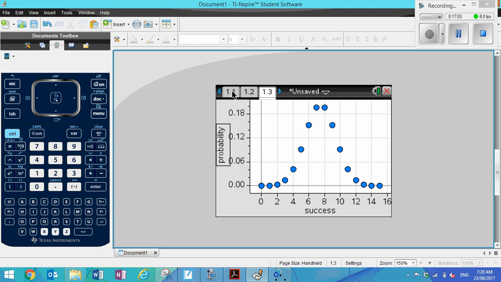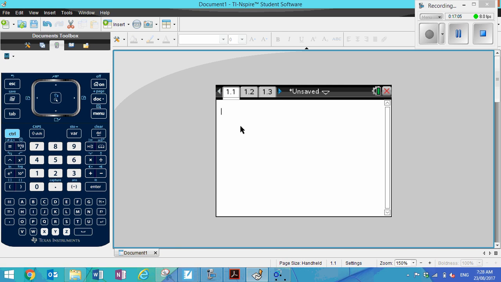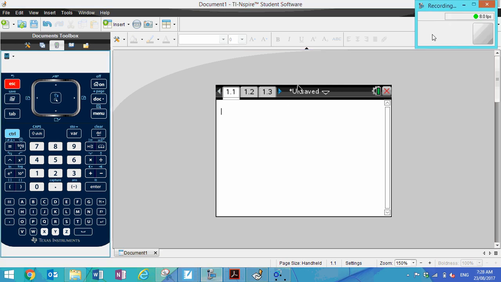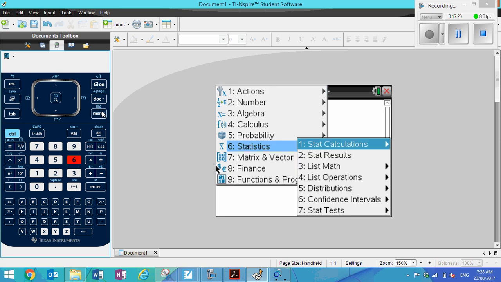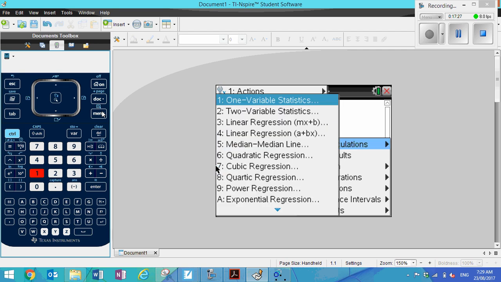If we come back onto here, we can calculate the mean of our distribution. All right, so if we want to get the mean of data, remember we're going to menu. We're looking at statistics, number 6. Stat calculations, we want to do that. We're not going to look at the distributions at the moment. Now, how many variables do we have?